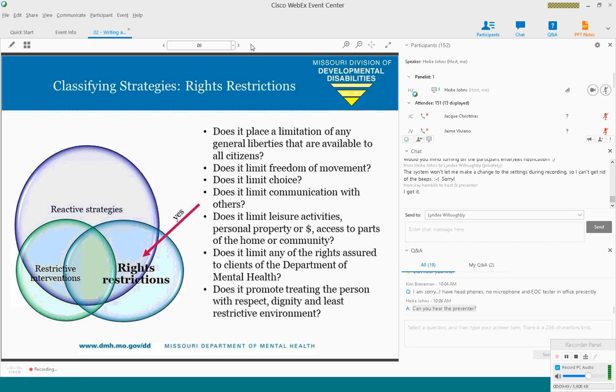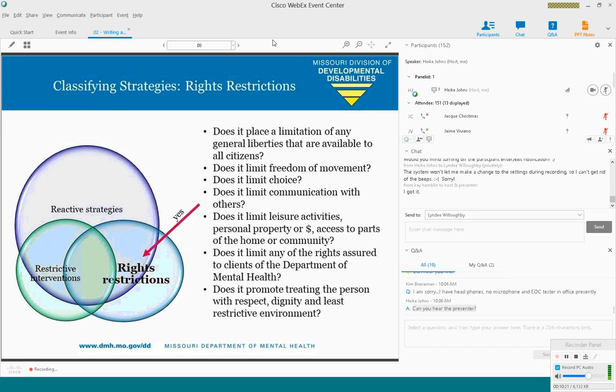That might be limiting somebody's freedom of movement, limiting their choice, limiting their communication with other people, limiting their leisure activities, limiting the amount of property or money they can have at any given time, or whether they can access parts of the home or community, and limiting any of those things that are assured by the Department of Mental Health. So there are some specific ones that are laid out there. We can send a link with some good resources on that.